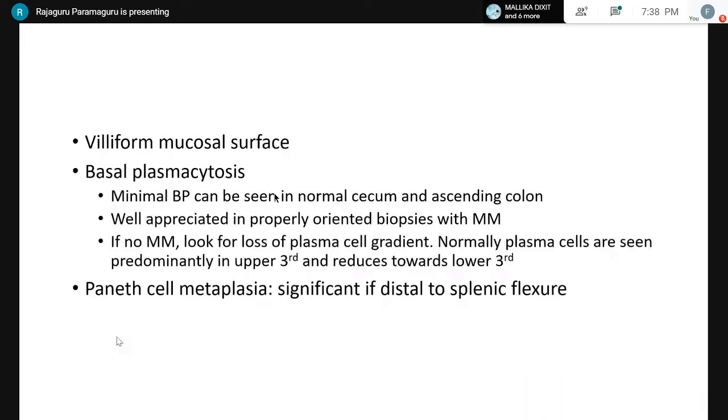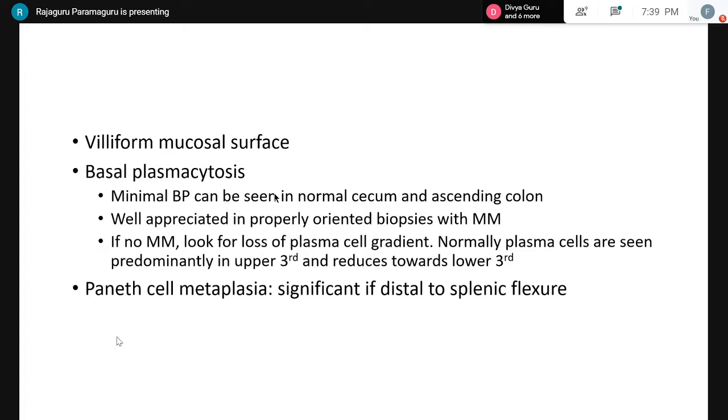So there can be a minimal basal plasmacytosis which can be seen normally in the cecum and ascending colon. This mainly becomes a problem when it comes to diagnosis of Crohn's colitis, because in ulcerative colitis we don't have problems, because it is not going to involve the cecum alone. The rectum is going to show changes, and then only the cecum or the ascending colon.